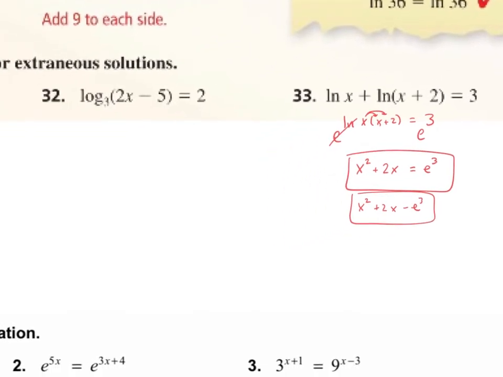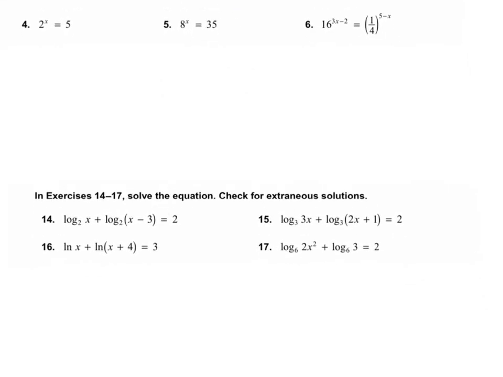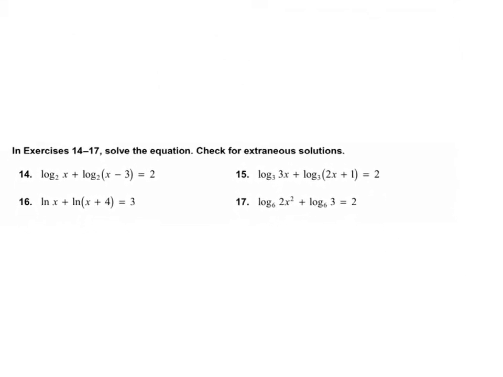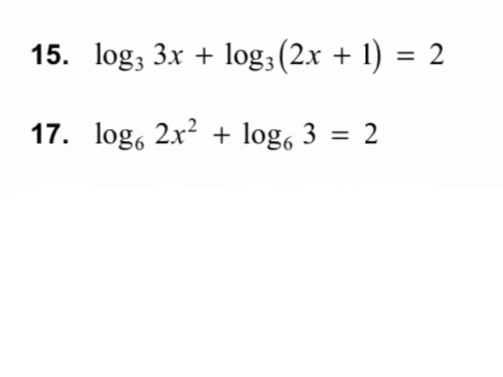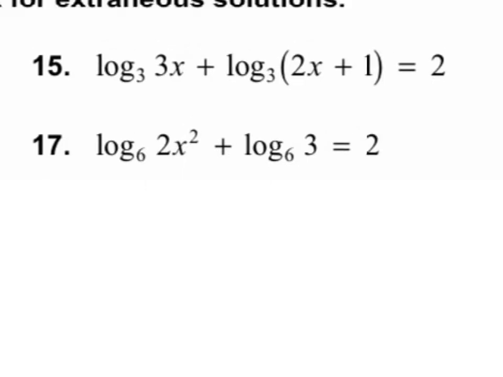Let's look at 17. Alright, so again, we're solving here. Multiply, so just like the one before. So we have log base 6 of 2x squared times 3 is equal to 2.